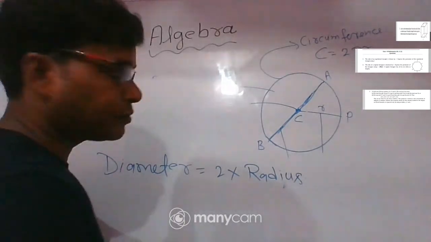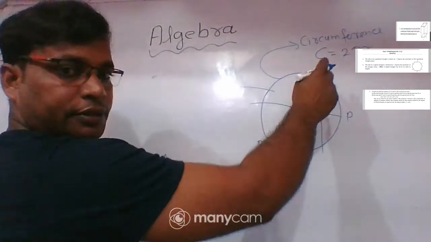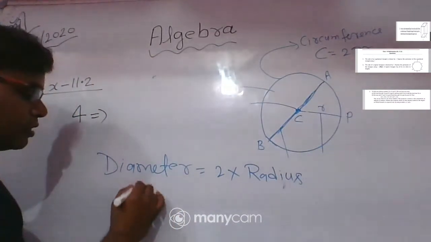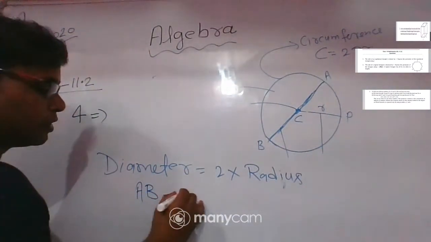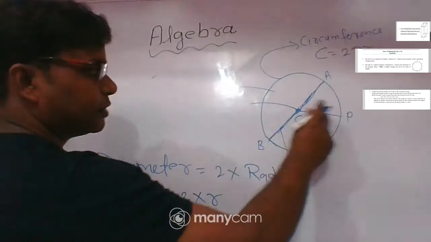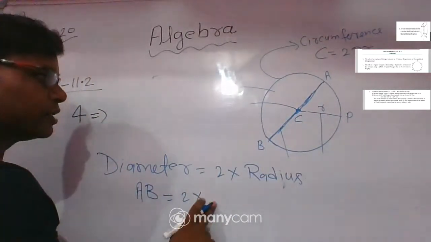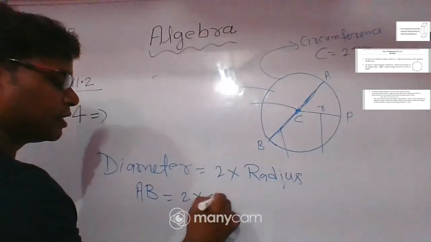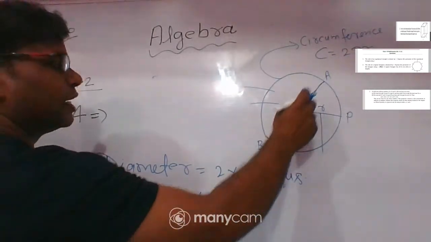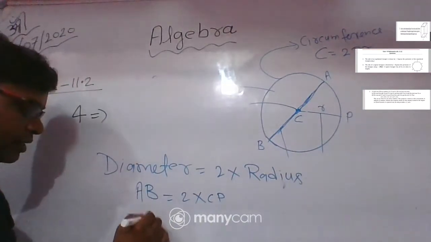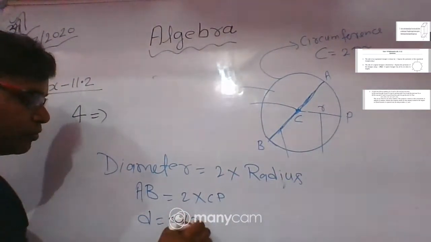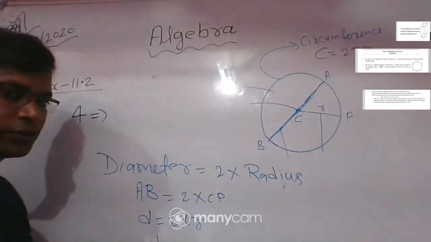So here the diameter is AB, AB is 2 into radius R. The radius can be CP, BC, or AC. So D is equal to 2 into R. D is equal to 2R.